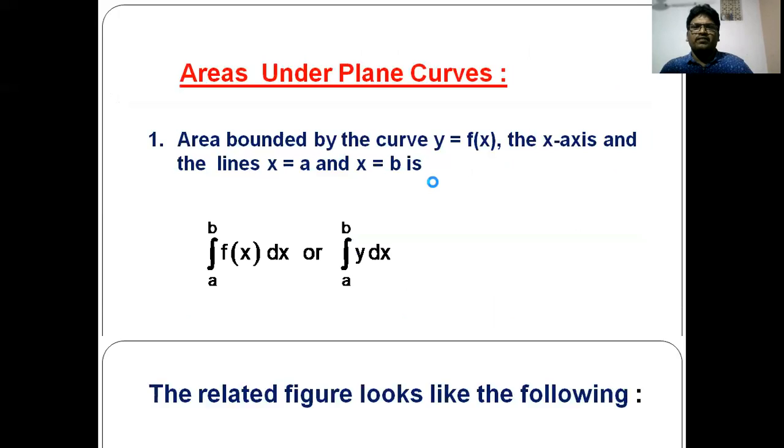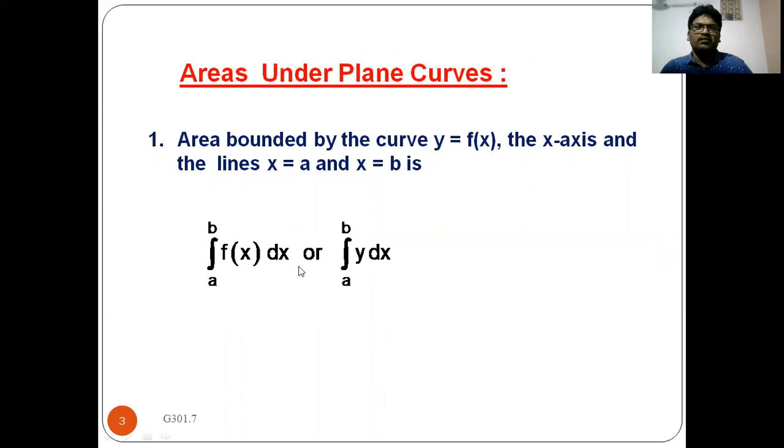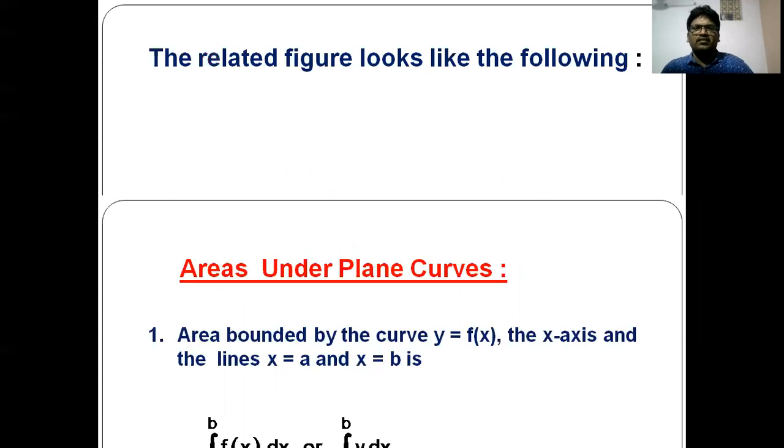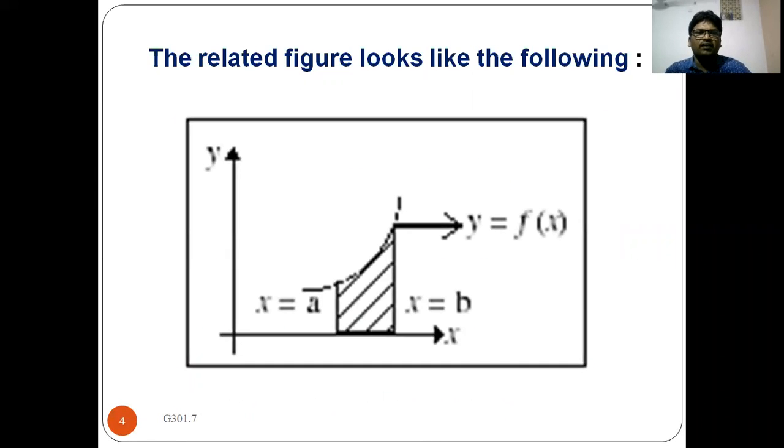So already we discussed this formula. How to find the formula? See the figure diagram. Here you draw the xy coordinates, and draw a line parallel to the y-axis at x equal to a on the x-axis, and another line parallel to the y-axis at x equal to b on the x-axis, and draw the curve y is equal to f of x like this.